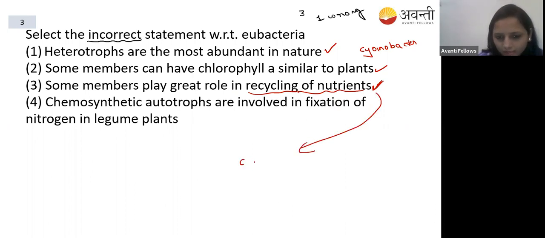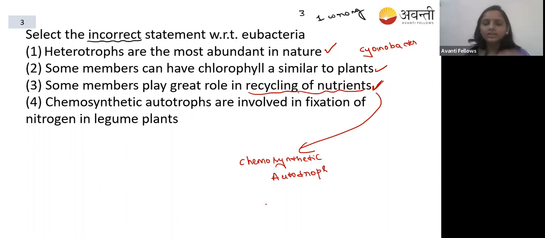These are usually chemosynthetic autotrophs. While decomposing the material, they get the energy, which they utilize for the preparation of their own food. That's why we call it the chemosynthetic autotroph.